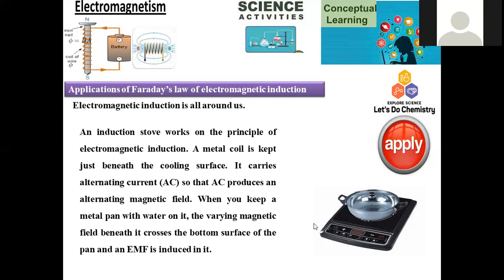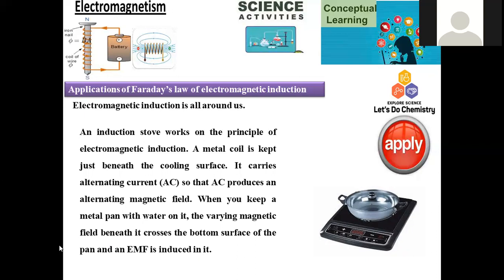As we already know, when current passes through a conducting material, there is a field generated around it, which is denoted as a magnetic field. When you keep a metal pan with water on the varying magnetic field beneath it, an EMF will be generated at the bottom surface of the pan, which is used to cook the food.